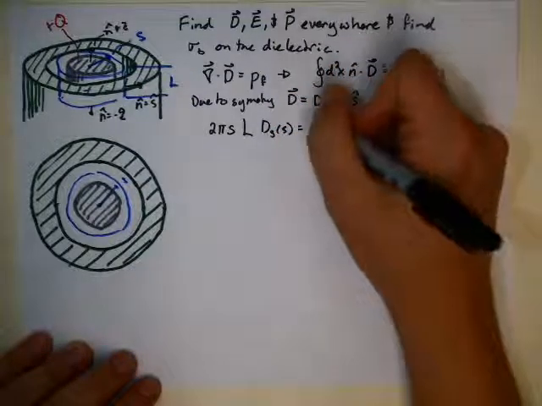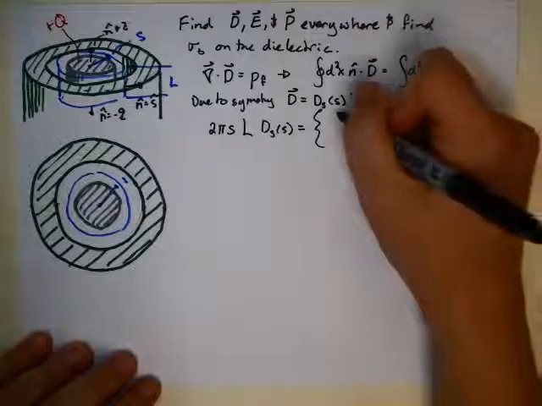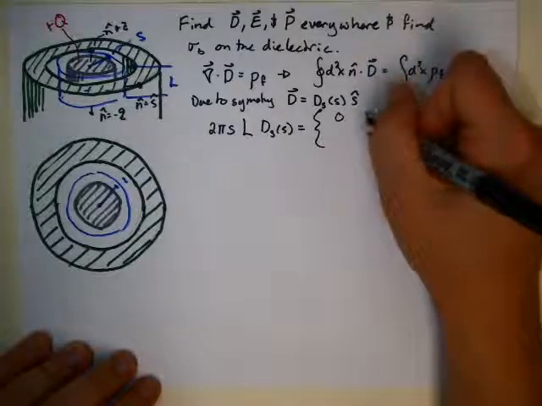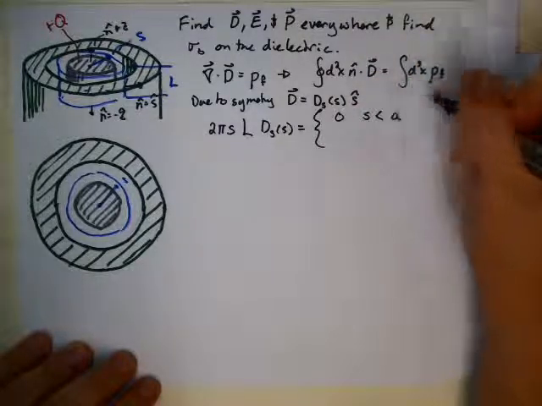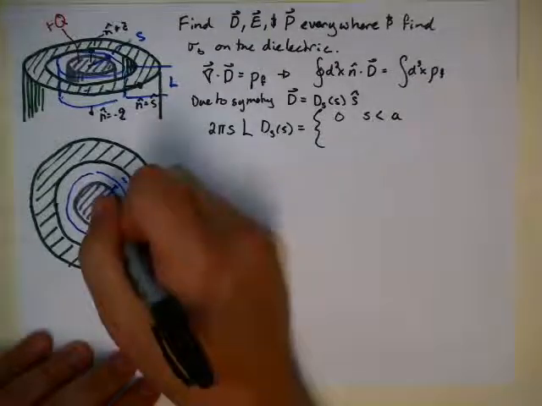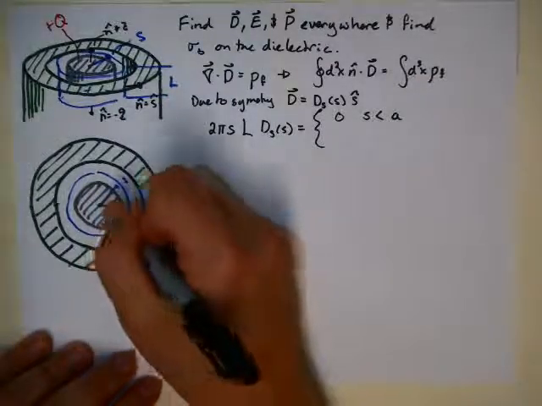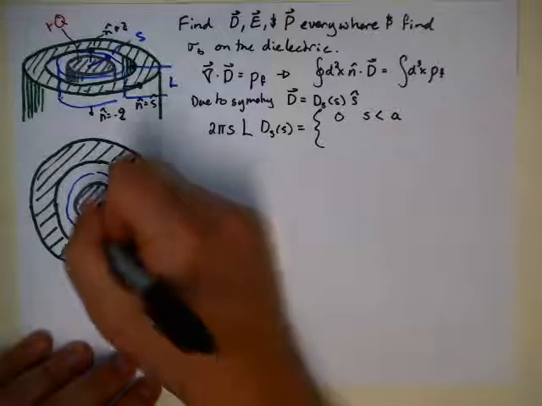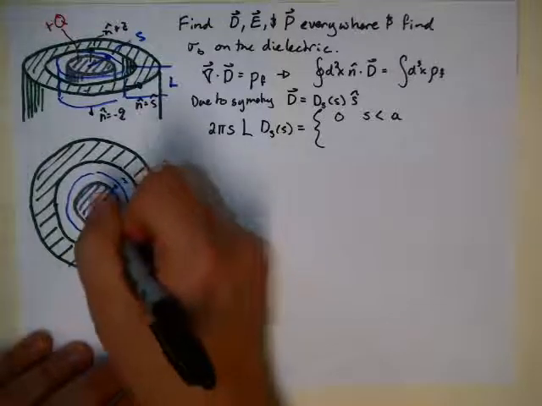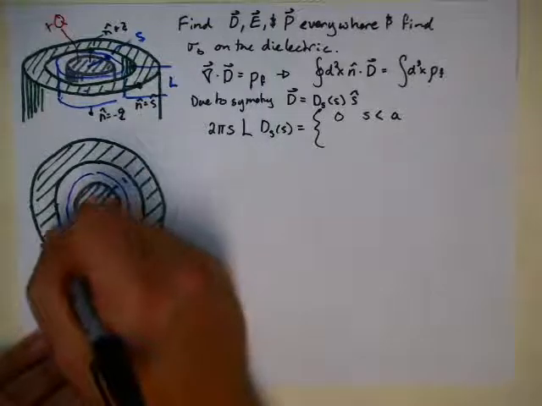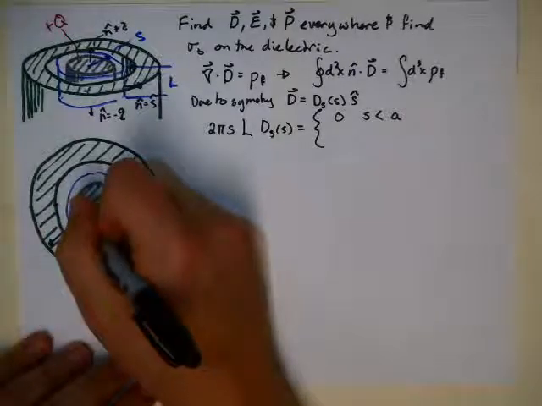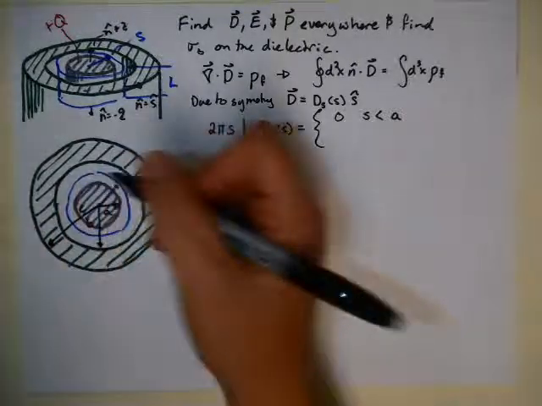On this side, we have piecewise 0 if s is less than, let's call the inner radius a. I'm going to call the radius to the inside surface of the dielectric b, and the radius to the outside surface c.